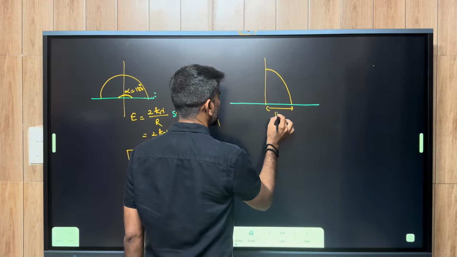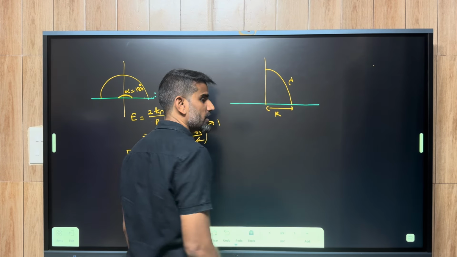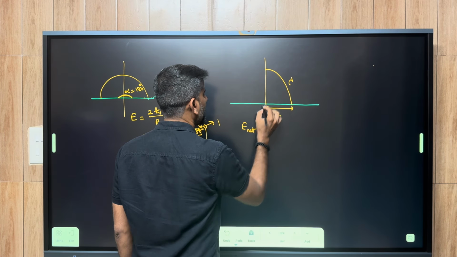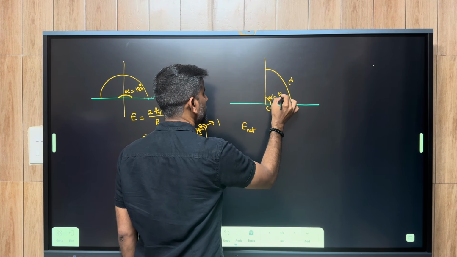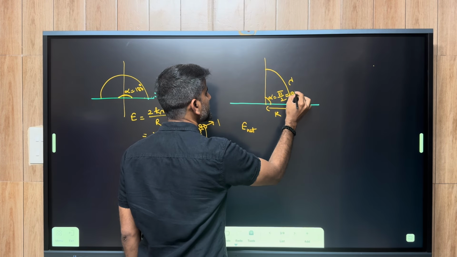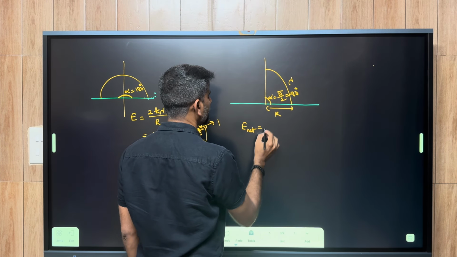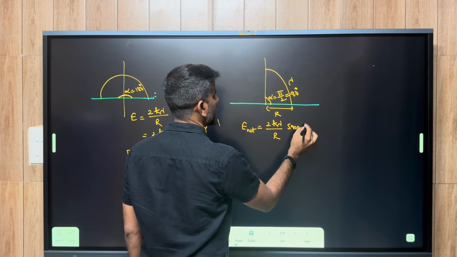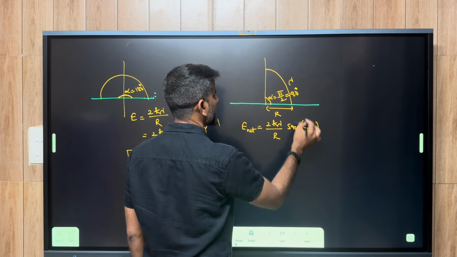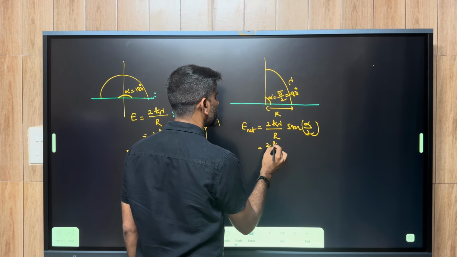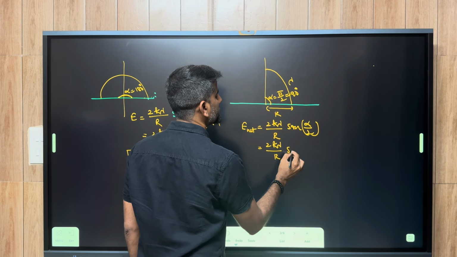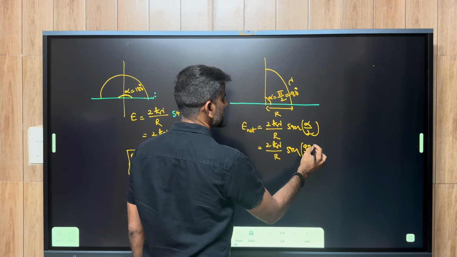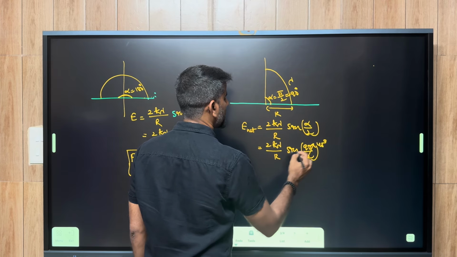If the radius is r and linear charge density is lambda, now E net, and this alpha is equal to how much? Pi by 2, which is 90 degrees. E net is equal to 2k lambda by r sine alpha by 2. What is alpha here? 90. So 2k lambda by r sine 90 by 2, which is 45 degrees.